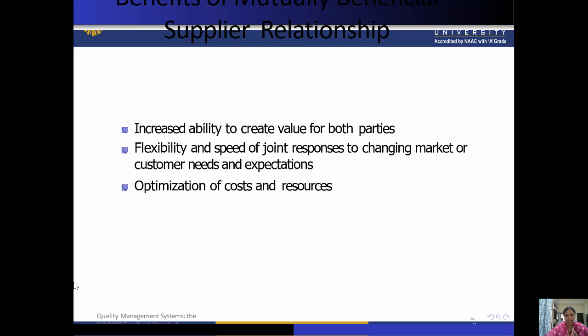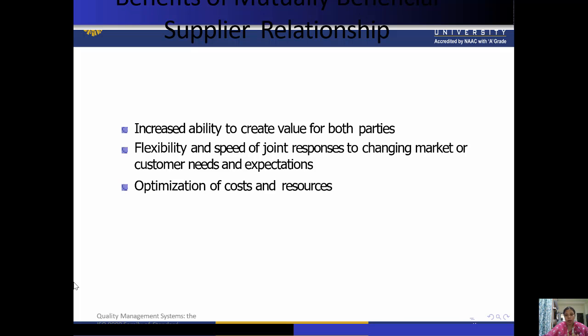Okay, so we can say that the increased ability to create values for both parties is there, because both parties are equally important here, and both are working for each other, so it creates value for both parties. Similarly, it should be flexible. It should provide the flexibility and speed to join the responses with the changing environment, changing market need.